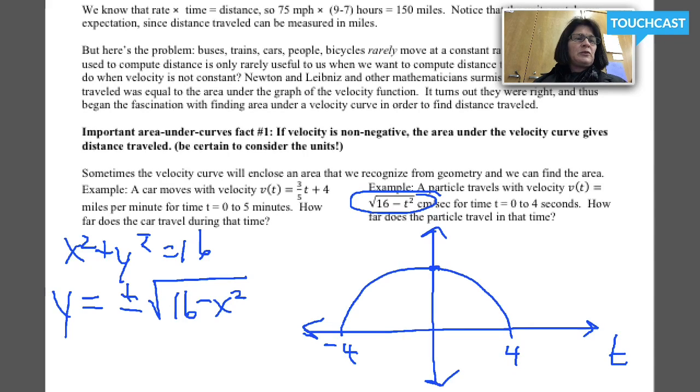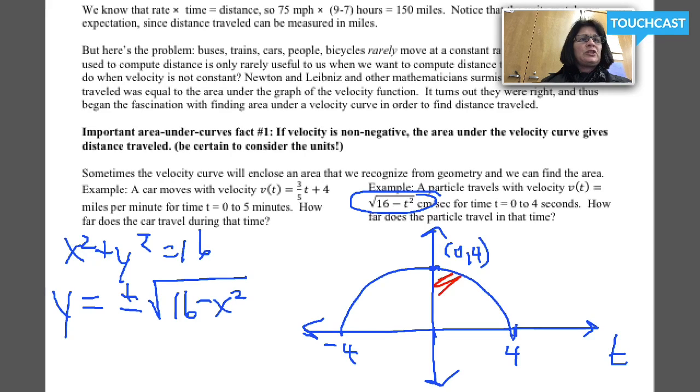This up here is going to be 0, comma 4. This is 4, 0, and that's negative 4, 0. Between times 0 and 4, the area under the velocity curve is what's going to give me my answer.